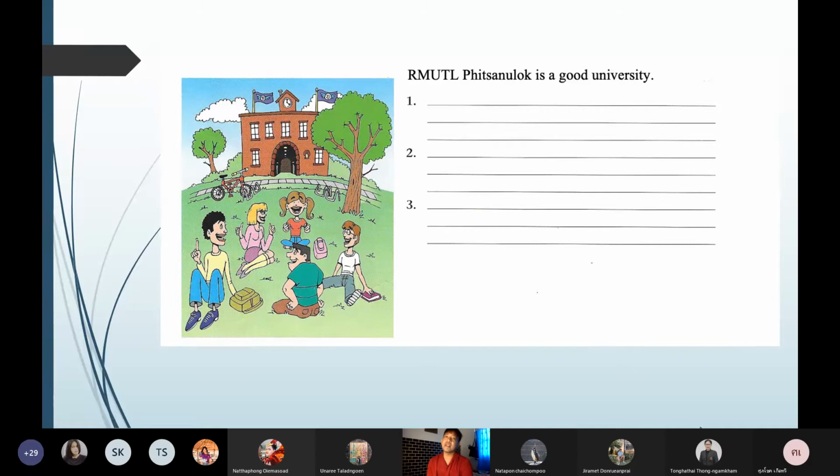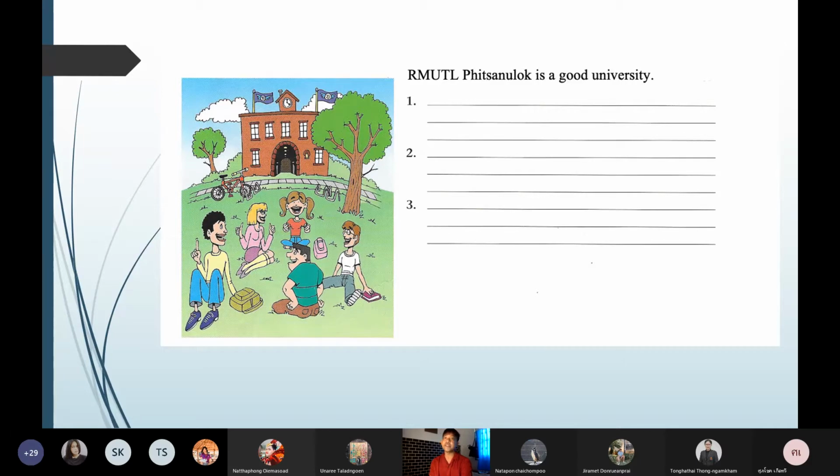I think RMUTL is a good university because it has a clean environment. For example, you can see many trees around the university. These trees give off oxygen for us to breathe, right? You can see them around the engineering department, around the library, around the plant science faculty.